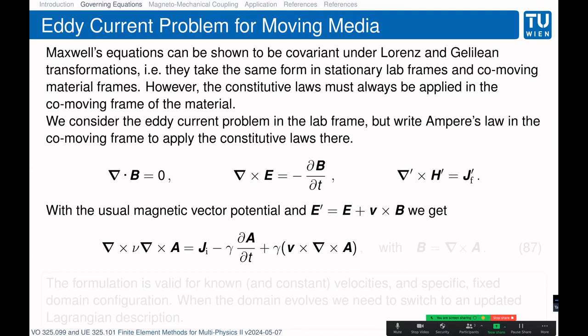What we do now to derive the eddy current problem for moving media is we consider them in the lab frame, so this is convenient for us, not in the moving frame. But you have to take into account that for the material relation, so whenever you want to apply Ohm's law, you actually have to formulate the equations in the moving conductor's frame. Otherwise, this is not correct.